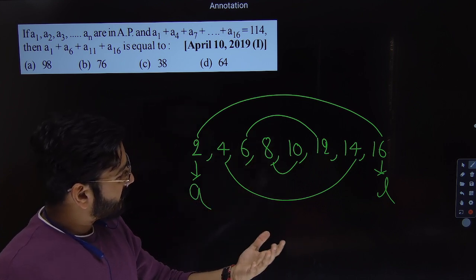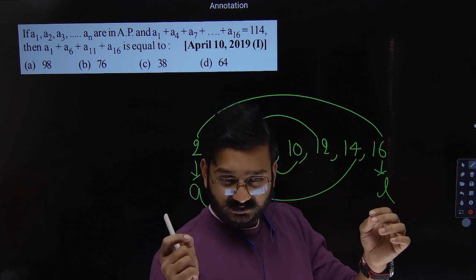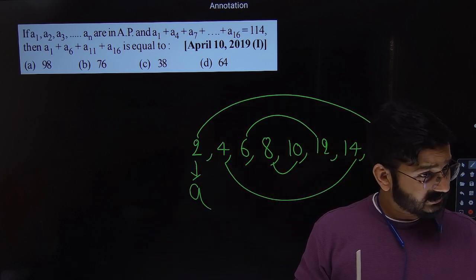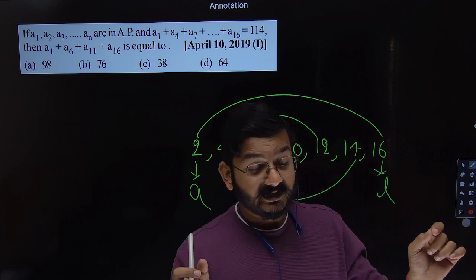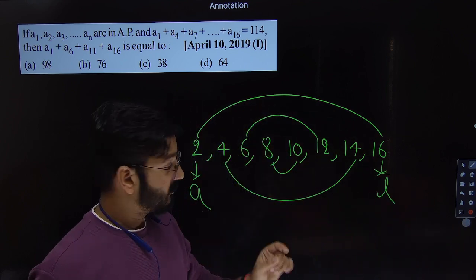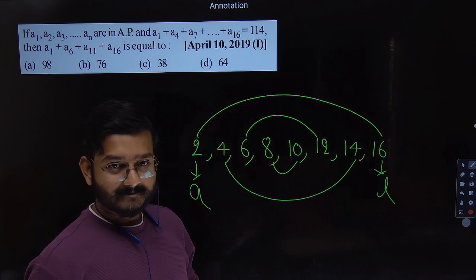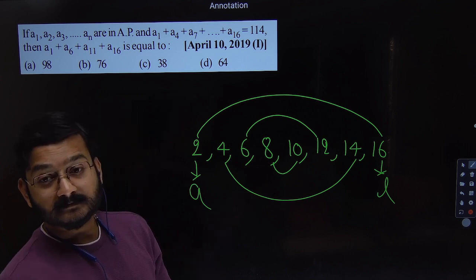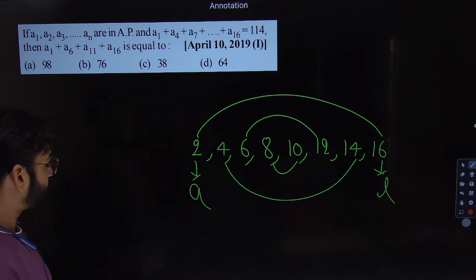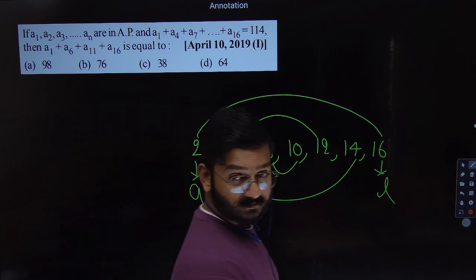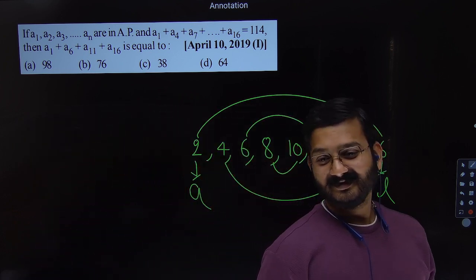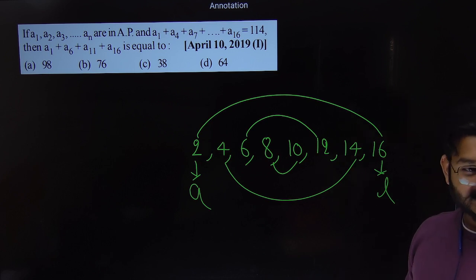But still if you want to write, you can write: the sum of the terms equidistant from the first and last term is the same as the sum of first and last.